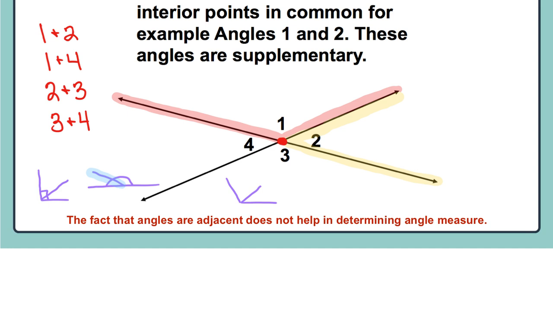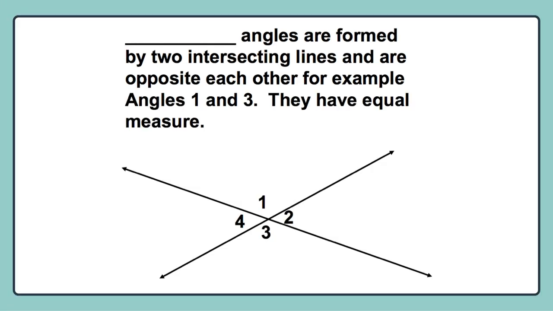To be honest, the concept of adjacent is the least term I'm worried about. I am more concerned about you guys retaining and practicing supplementary, which is what key number? 180. Complementary? 90. And our next vocabulary term that we're fixing to do, which is same picture, but these are vertical angles.